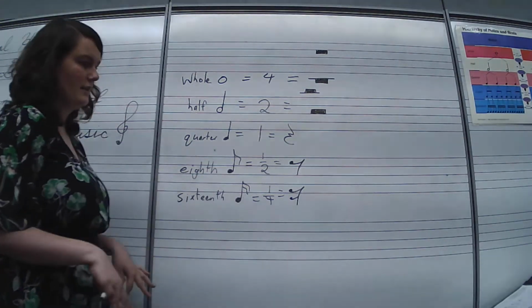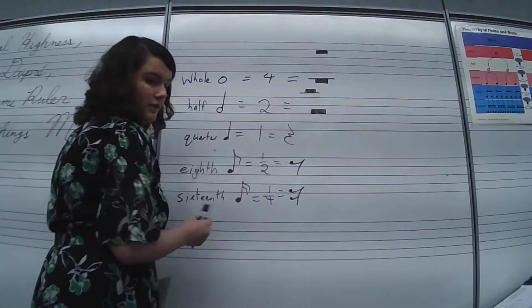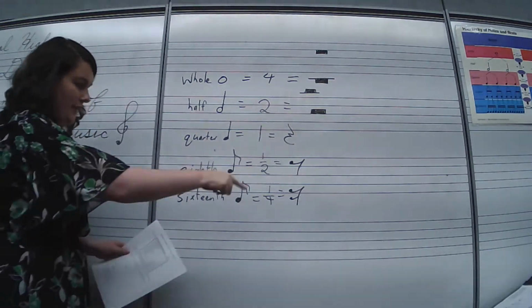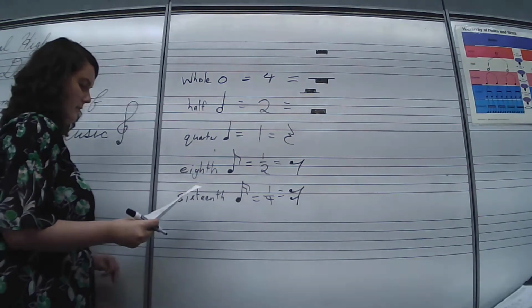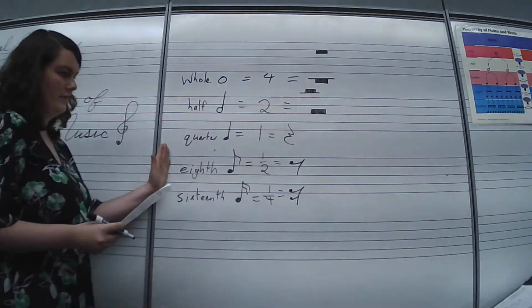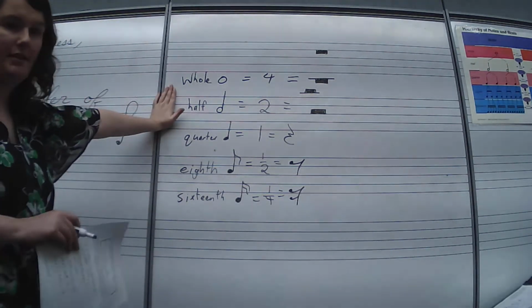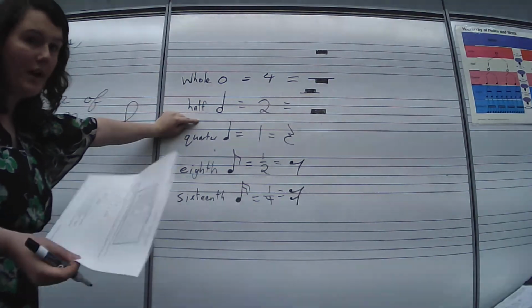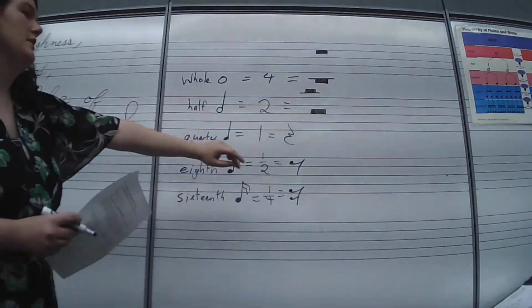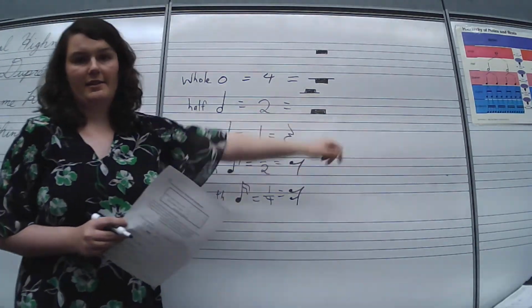So if you do a 32nd note, you're just going to add a flag for each, the note and the rest. So yeah, rests are very important because they tell you how long silences are in music. The note tells you how long you hold a sound. The rest tells you how long you stay silent.